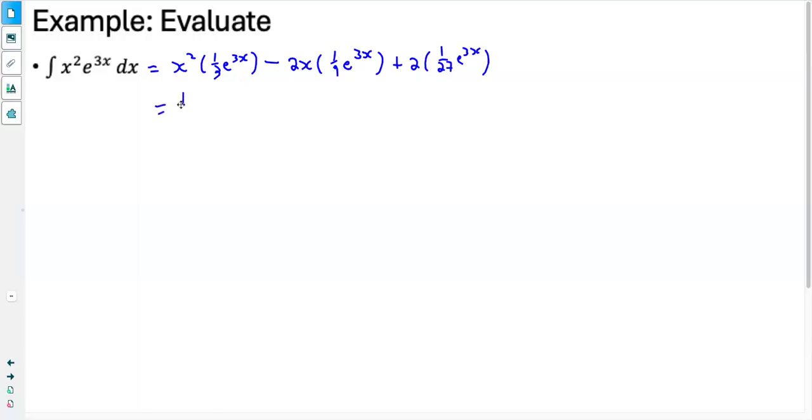So this would be 1 over 3 x squared e to the 3x minus 2 over 9 x e to the 3x plus 2 over 27 e to the 3x plus C.